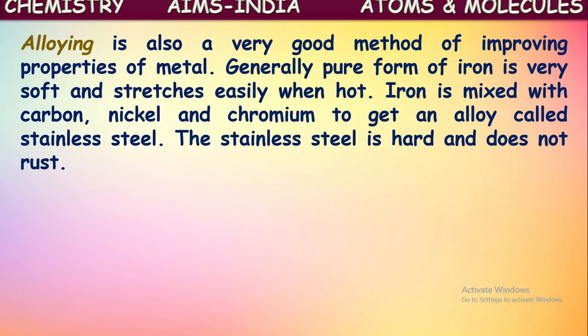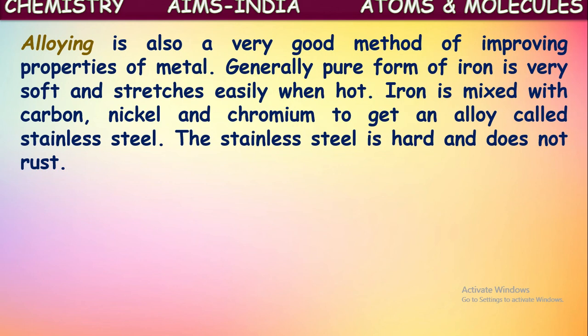When iron is mixed with carbon, nickel, and chromium to get an alloy called stainless steel, that stainless steel is hard and does not get rust or corrosion. Okay, so alloying also helps the metals to get protected from rusting or corrosion.